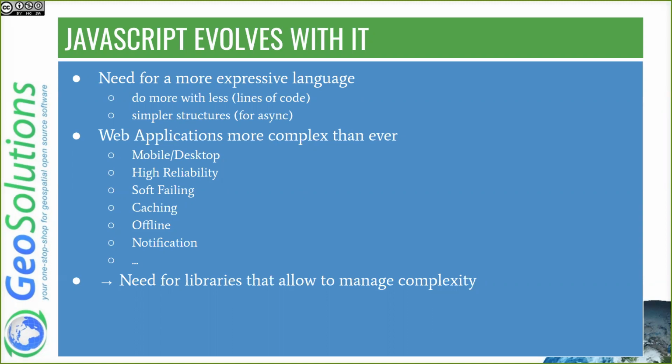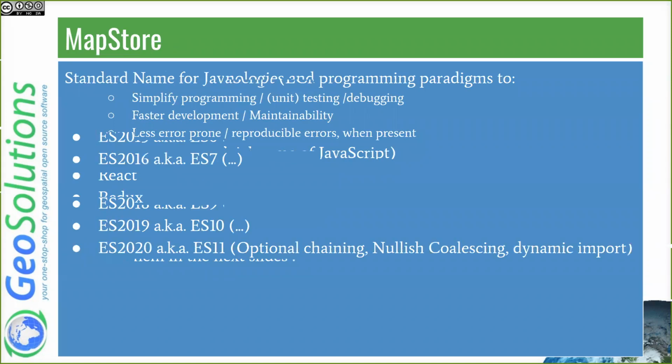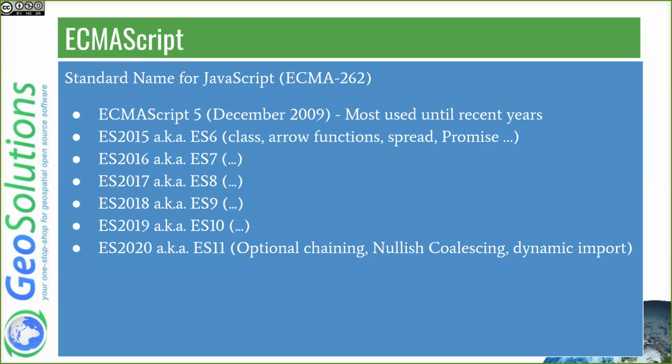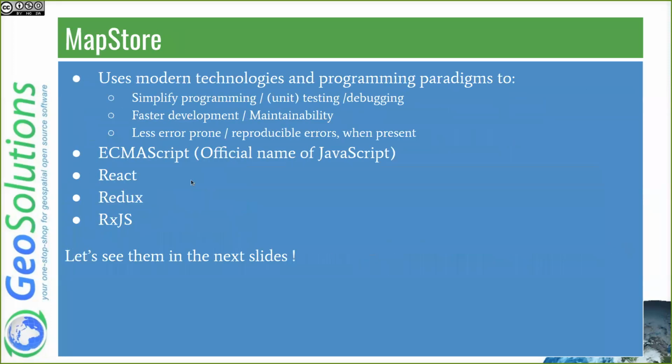For the ones that arrived, I introduced the first part of the course, that explains basically the technologies behind MapStore. I will start with the new syntax of JavaScript. The first point is a syntax that is often used also by the React library.